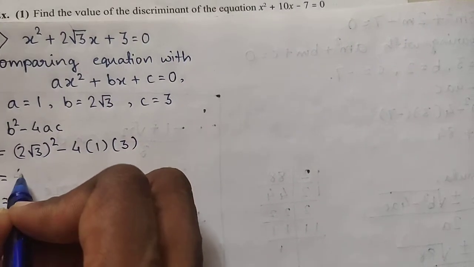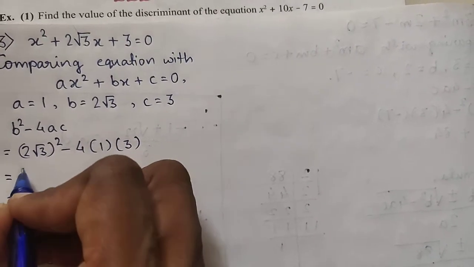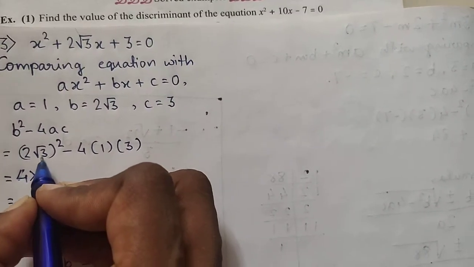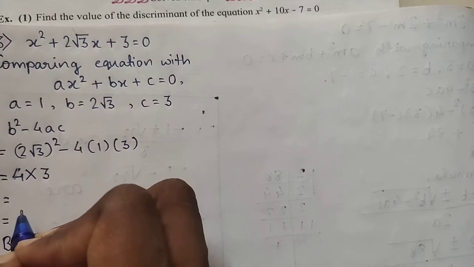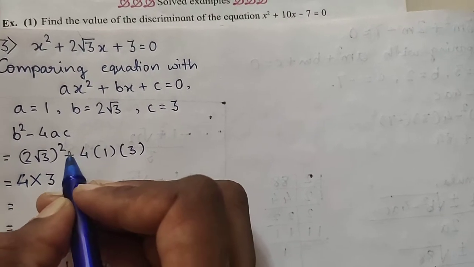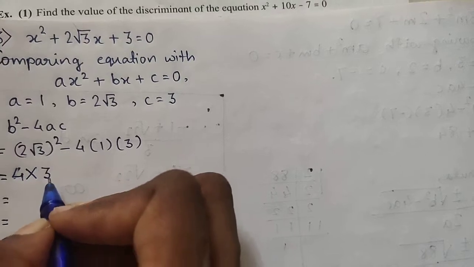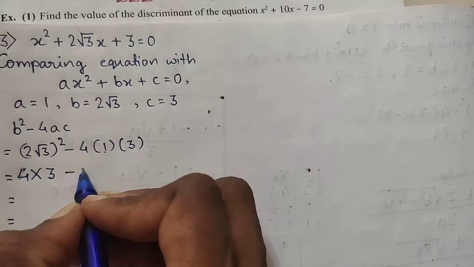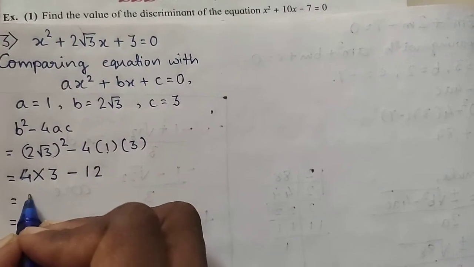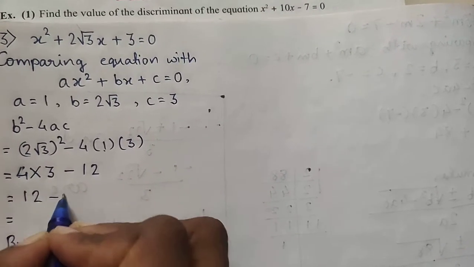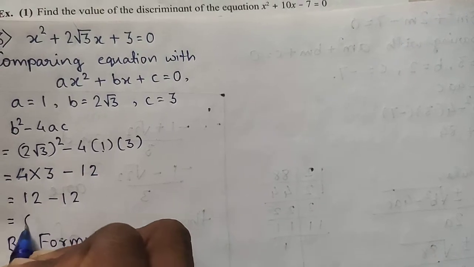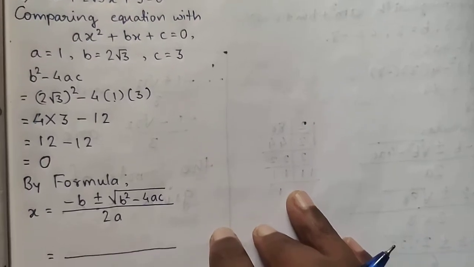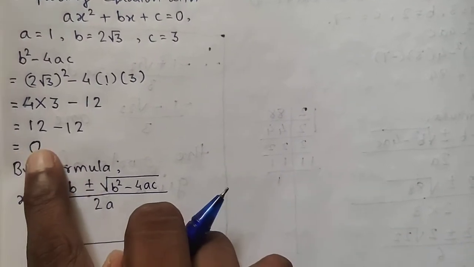If you take the square of 2, you get 4, into, if you take the square of root 3, you get 3, because root 3 square gives root 9 and root 9 is basically 3, minus 4 times 1 is 4 and 4 times 3 is 12. So what you are getting here is 12 minus 12, and 12 minus 12 is 0. So in this case you got the value of b square minus 4ac as 0.